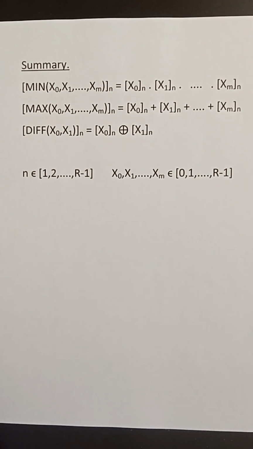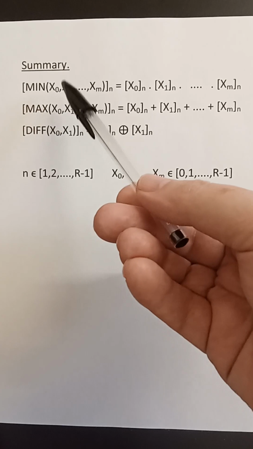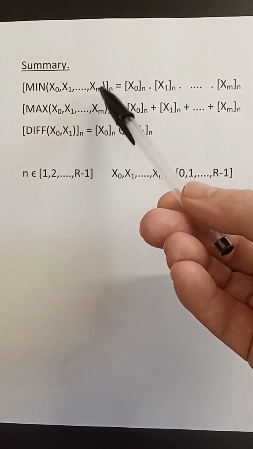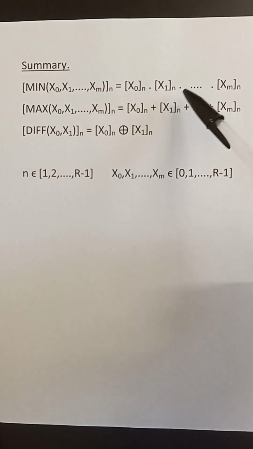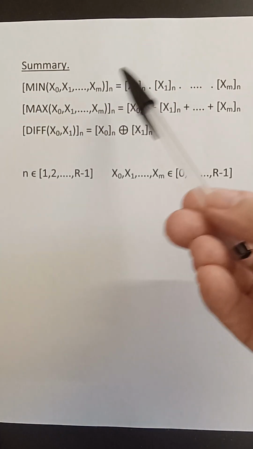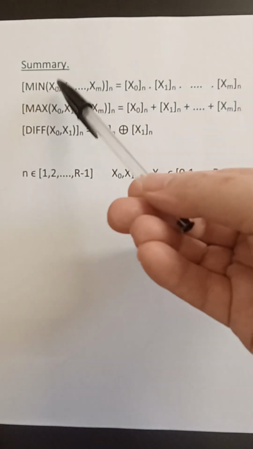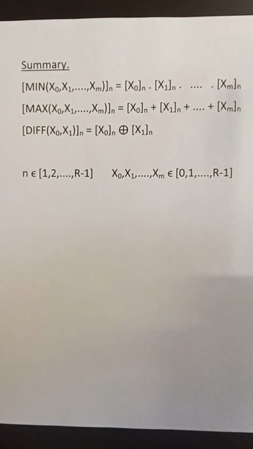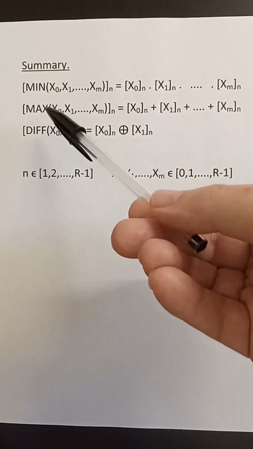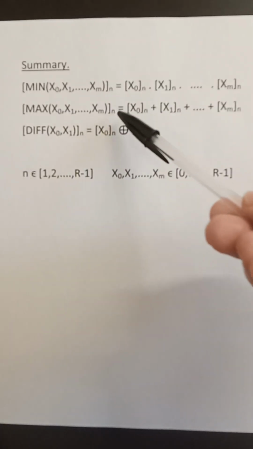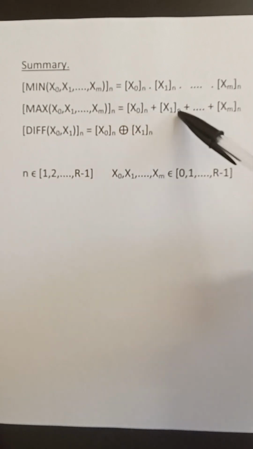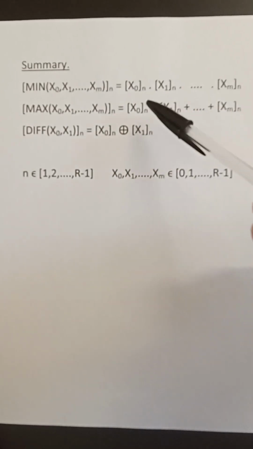So to summarise, min(x0, x1, all the way to xm)^n equals x0^n, x1^n all the way to xm^n. So it applies for any amount of variables. I've just replaced x0, x1, xm with a, b, c, etc. Same for the maximum function, max(x0, x1, all the way to xm)^n equals x0^n, x1^n, all the way up to xm^n, connected together by the or function.